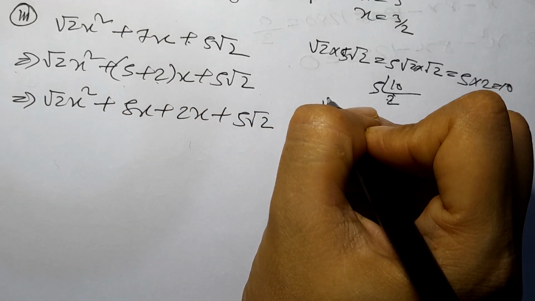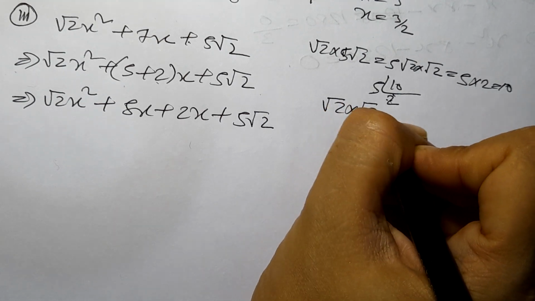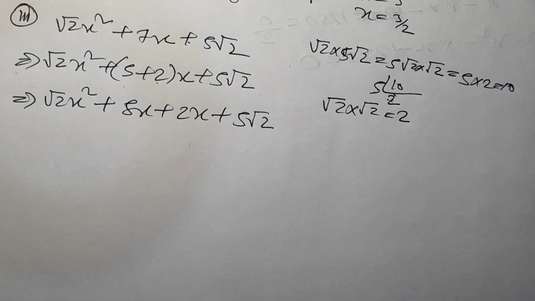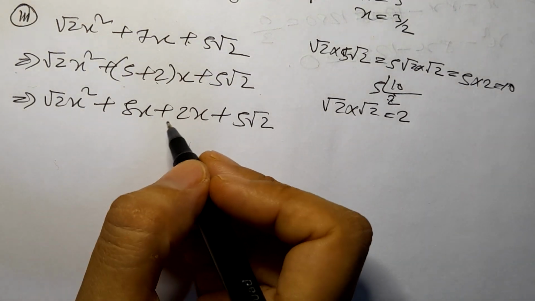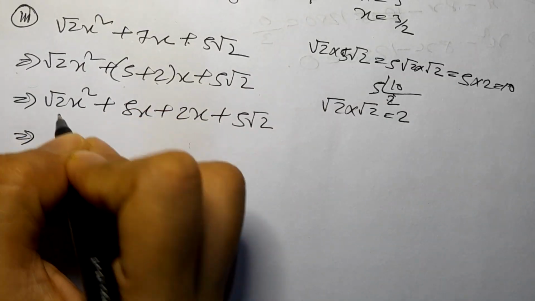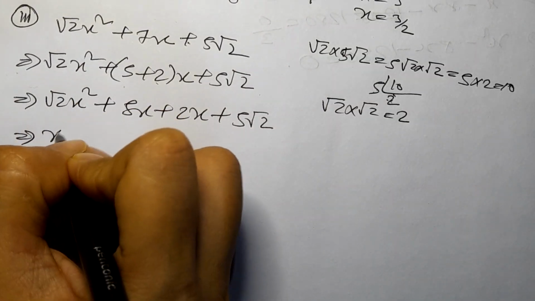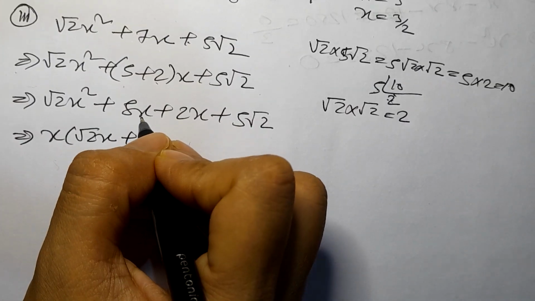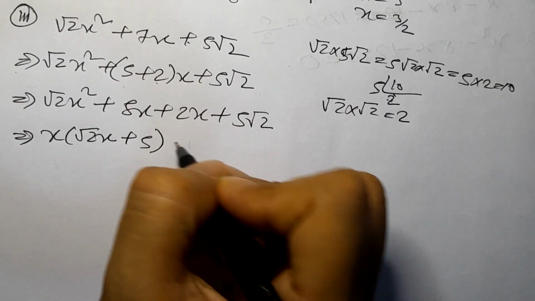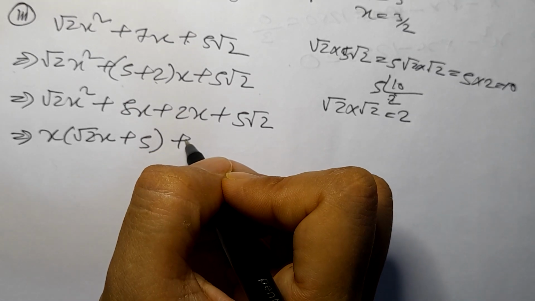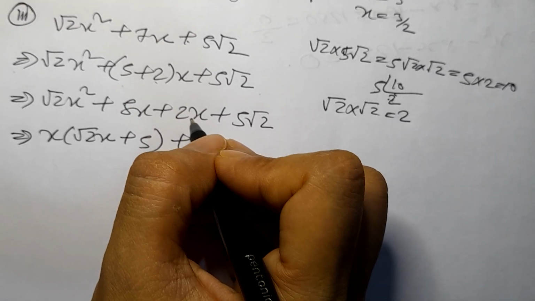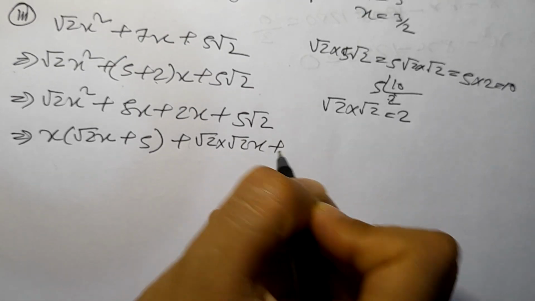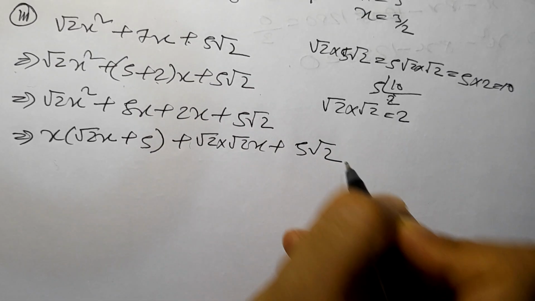Instead of 2, we will write √2 into √2, because we have to take the common. Here x is common, so it will be x(√2 x + 5) plus √2 into √2 x plus 5√2.